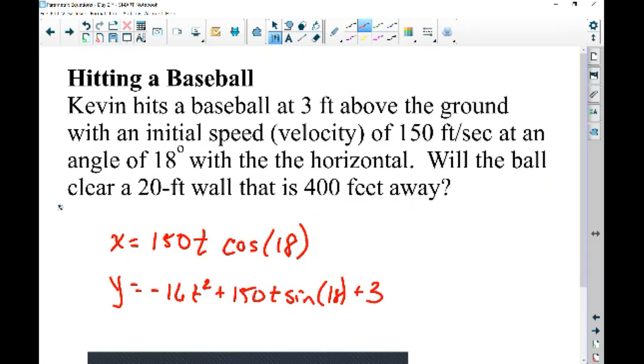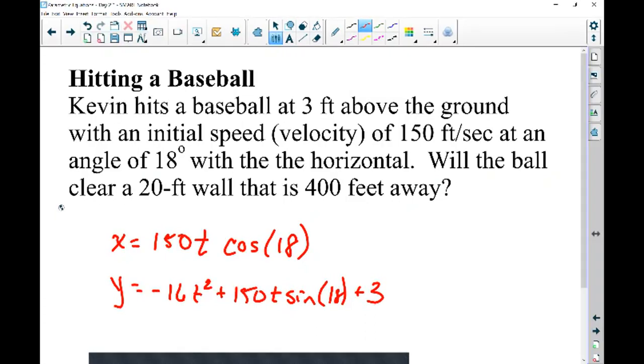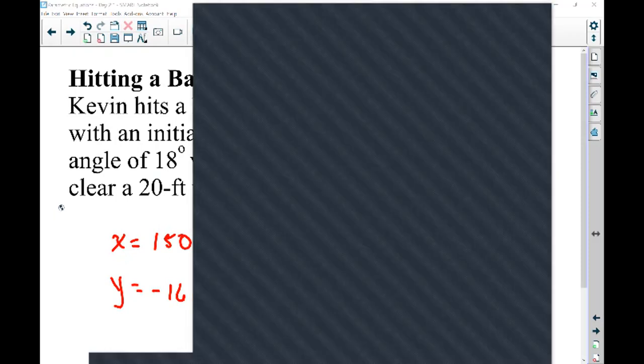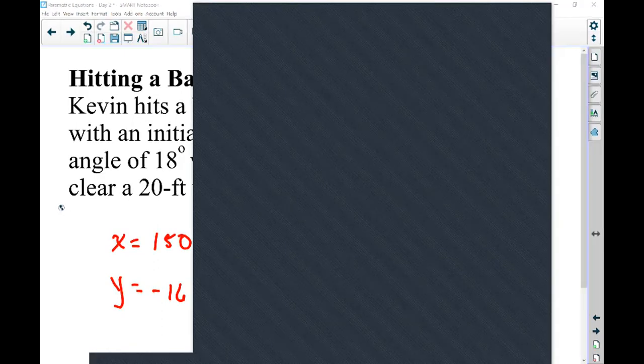All right. So what I'm going to do is, first of all, try to find a way to draw that wall that's 400 feet away. Well, the good news is I know a little bit about how to do that. So I know I want the horizontal distance to be 400 feet.